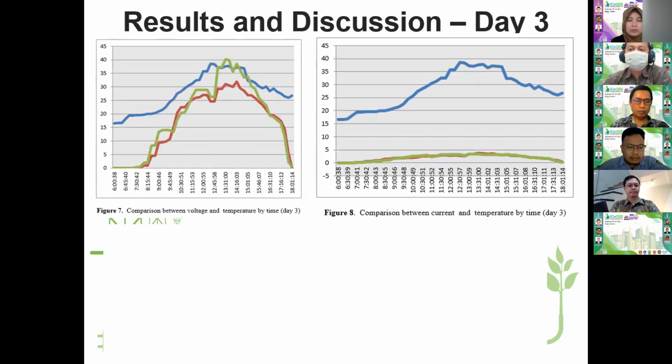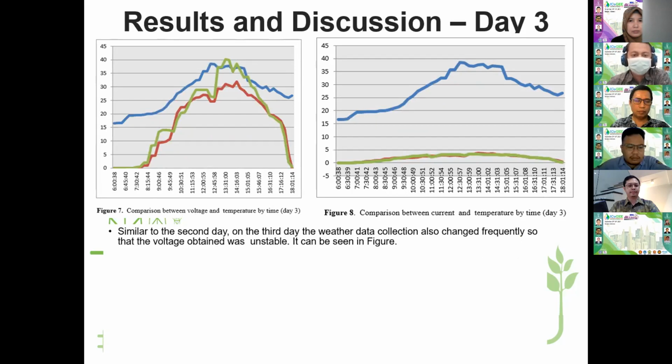On the third day, we can see in figure 7 and figure 8 that it is similar to the second day.